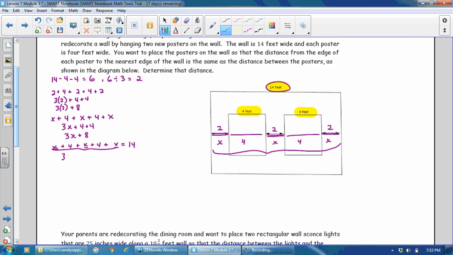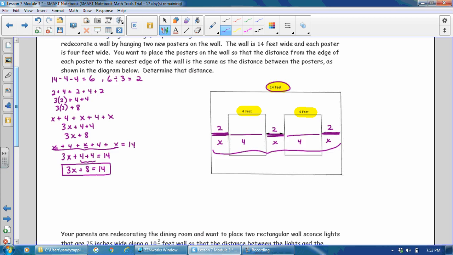So that's 3x plus 4 plus 4, and that is equal to the whole length, 14 feet. We can also combine our constants, and that will give us 3x plus 8 equals 14. So here we have an equation that we could use to solve to find the distance between the wall and the picture for each section.